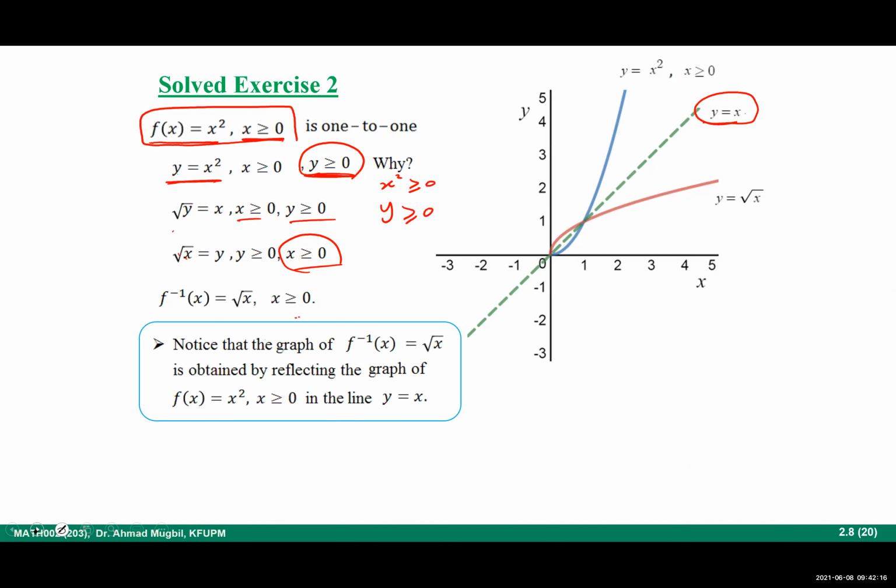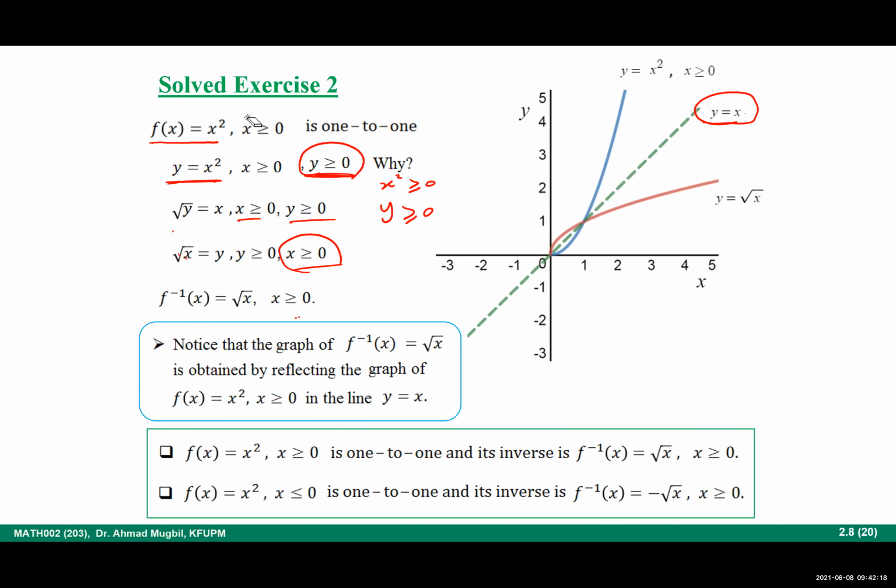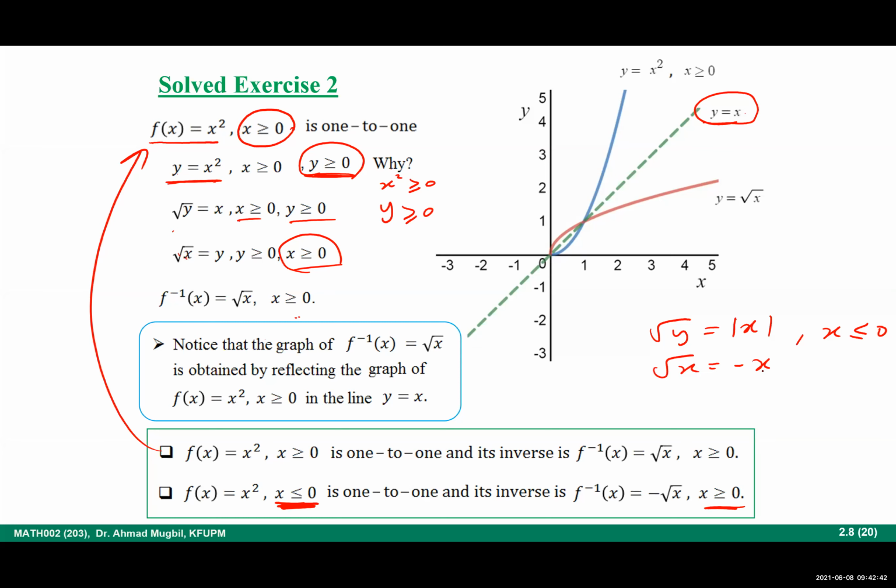And I told you here the condition was x greater than 0. This is what we have done. What about if it is less than 0? If it is less than 0, the inverse will be negative square root of x. X is still greater than or equal to 0. Why will that happen? I told you that you have square root of y equals the absolute value of x, and x is negative, x is less than 0. So because of that, you will have here negative x. You need to solve it for x.